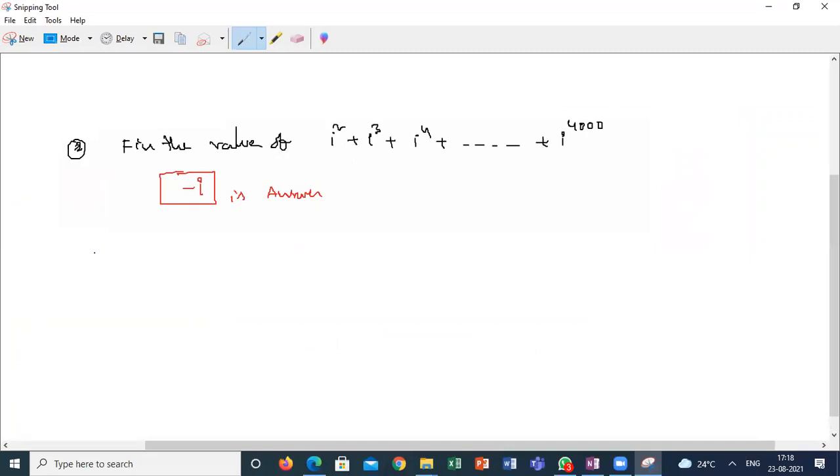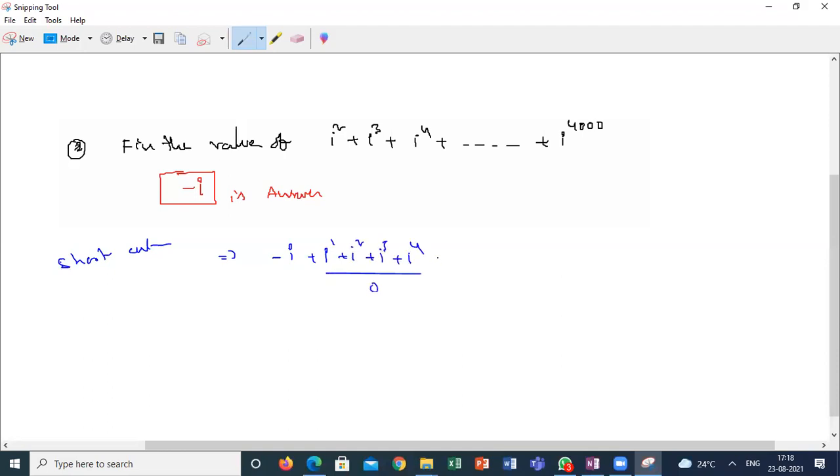Sir, basically i plus i square plus i cube plus i to the power 4 is 0. Correct. But in this question, they didn't mention that, so the shortcut is what you said: minus i plus i power 1, i power 2, i power 3, i power 4.